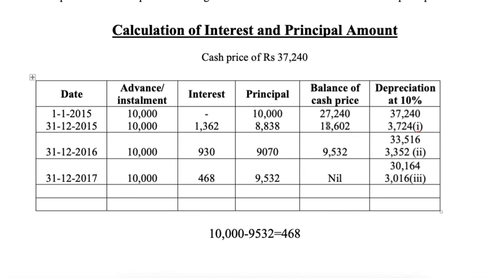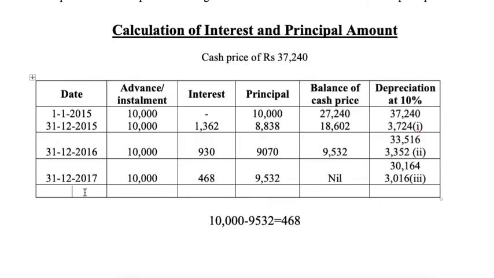Now we are going to calculate the totals here, right? Let's delete this row here. We'll write down here total. When we talk about the total installment, how much have we paid? We have paid a total of 40,000, right? How much interest have we paid? If we add it, 1,362 plus 930 plus 468, it amounts to 2,760 if you add it up.